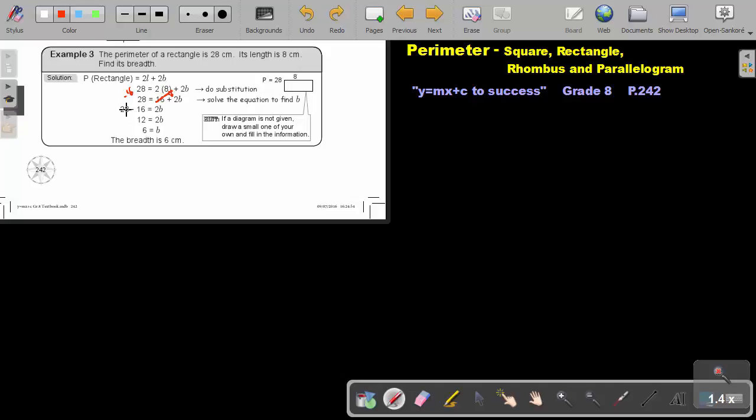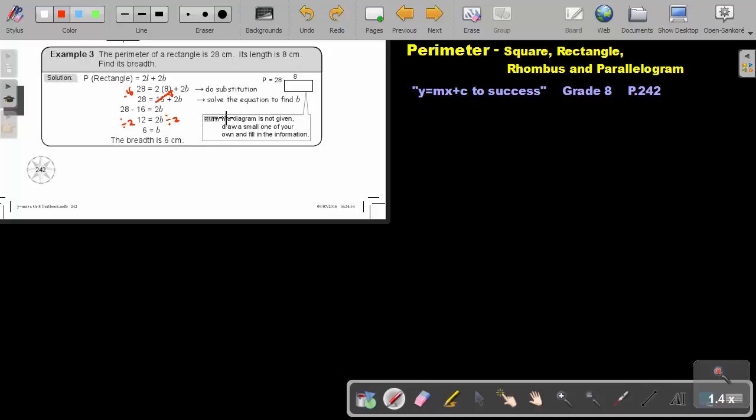This will cancel and I'm ending with 16. To get 1b, not 2b, I divide by 2 on this side and by 2 on this side. I will find that the value of b is 6. Because it is a practical sum, I end by saying the breadth is 6 centimeters.